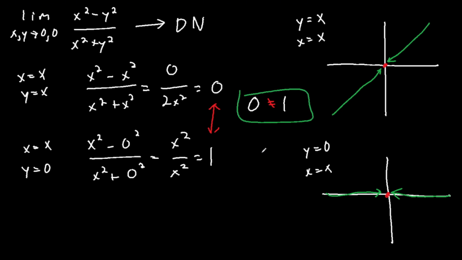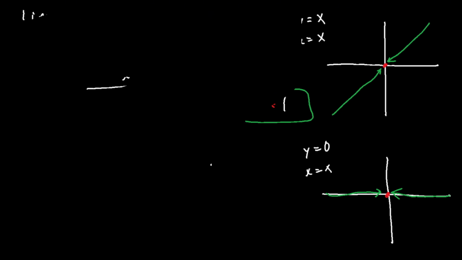Due to that, the limit does not exist. So if we approach from two different paths, the limit can change. What we're trying to prove is that the limit changes along two different paths, and if we do that, the limit does not exist. Most problems that have fractions like this that you can't simplify will have does not exist as the answer.